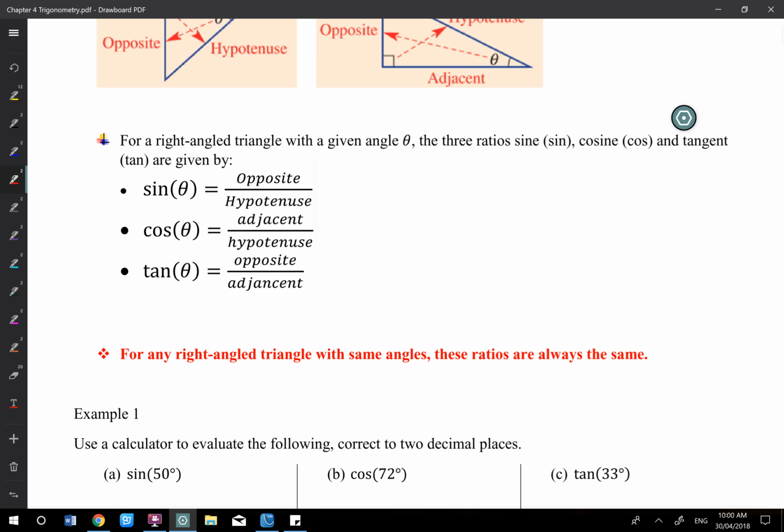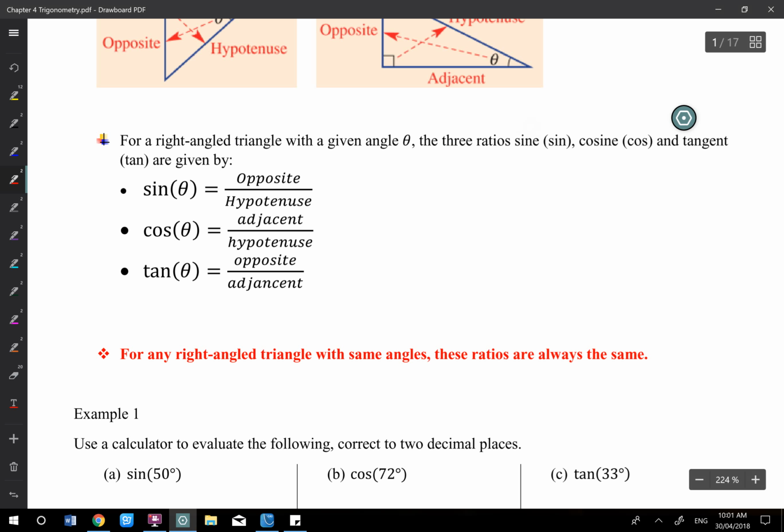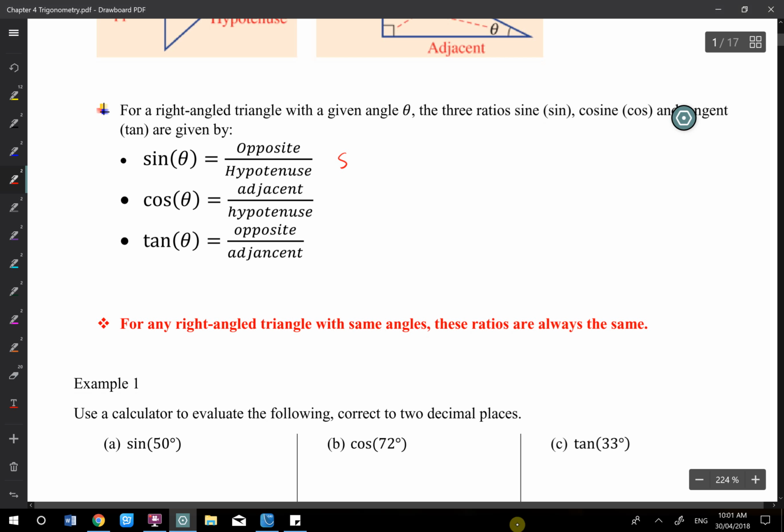And we have three ratios: sine, cosine, and tangent.